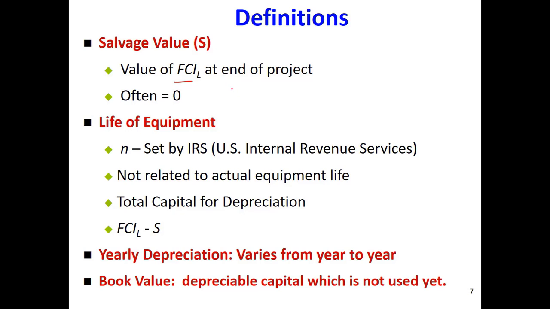Let's say at the end of the life of your plant, you build the factory, and the life of the plant based on the estimation is 15 years. If you keep the plant working like that, it can work for you for 15 years.